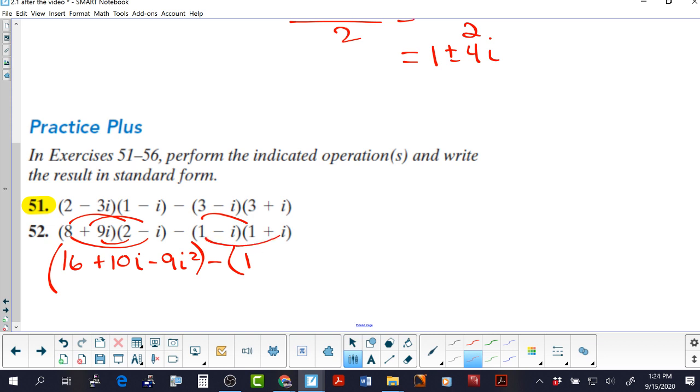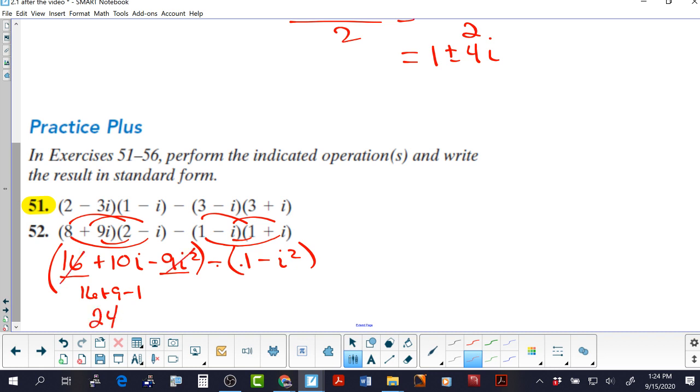We got plus i and minus i, those cancel, and we have minus i squared. So 16, we get 16 there. We get 16 plus 9, that's going to be plus 9, and then minus 1, so minus 1. So 25, 24, so that's the real parts.